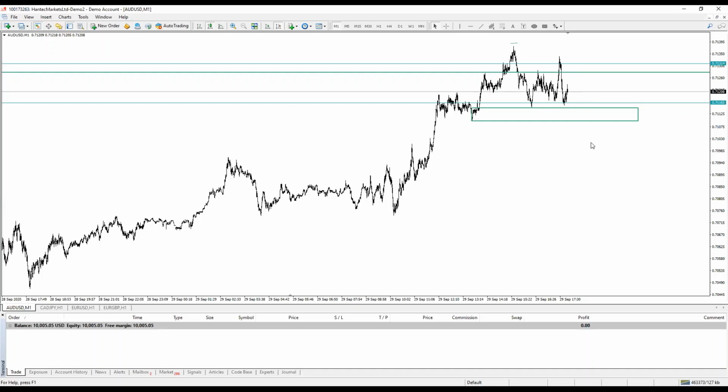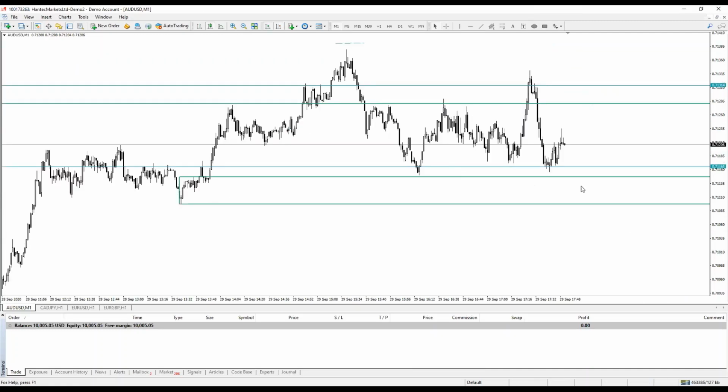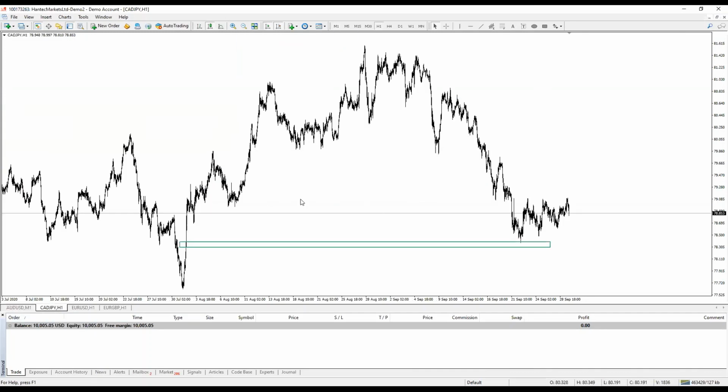But the best and safest thing to do is to take our profit right above this demand right here, because it has proven to hold price. Okay, so this is how we trade a model that I've marked before.